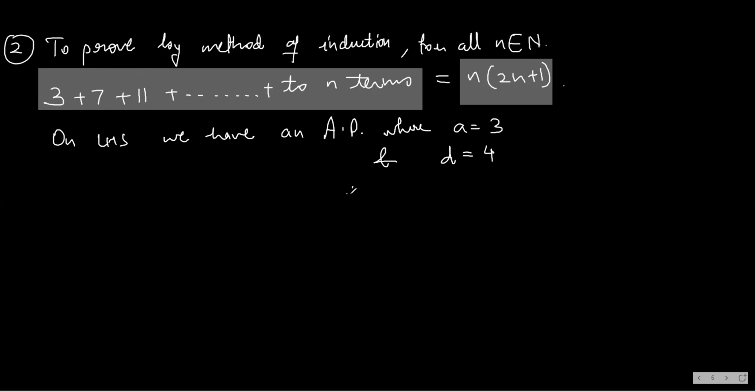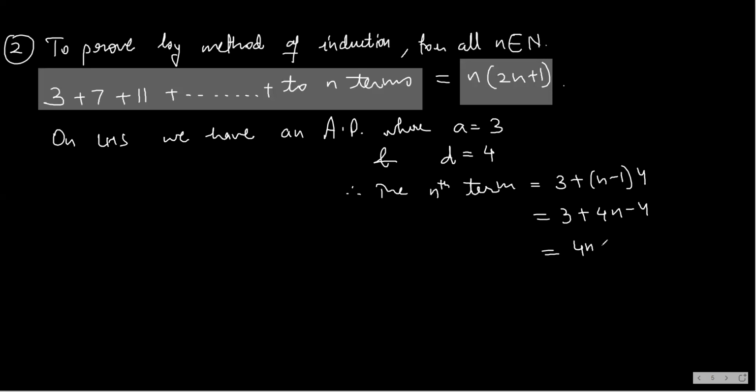Okay. Therefore, the nth term will be, as you know, it is A plus n minus 1 into D. So 3 plus n minus 1 multiplied by 4, that is 3 plus 4n minus 4, that is 4n minus 1. 4n minus 1 is the nth term. So what we have to prove? Okay, so the nth term here will be 4n minus 1.